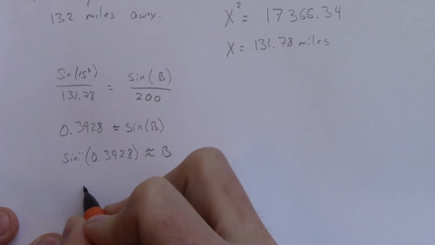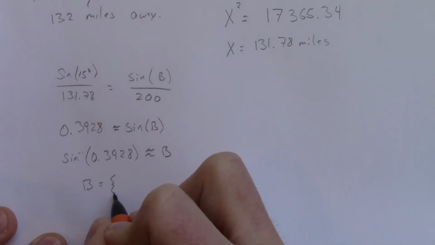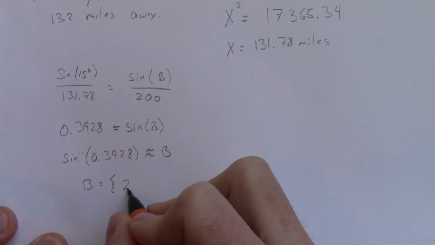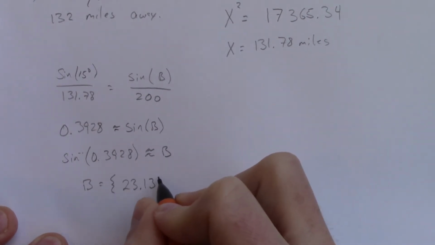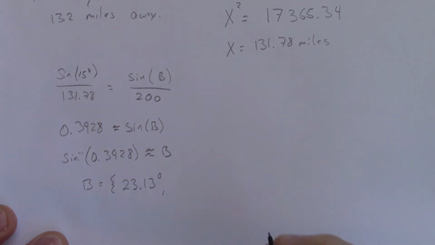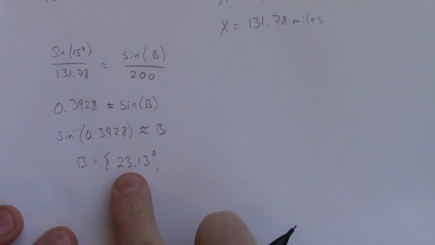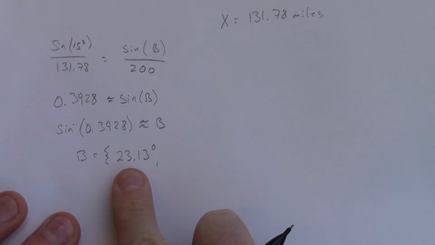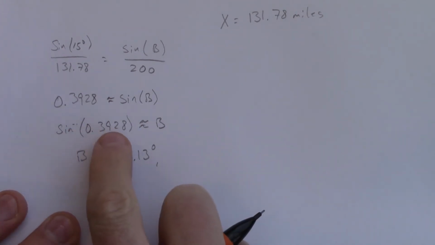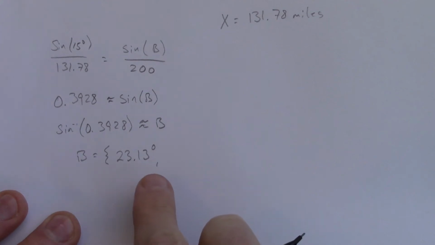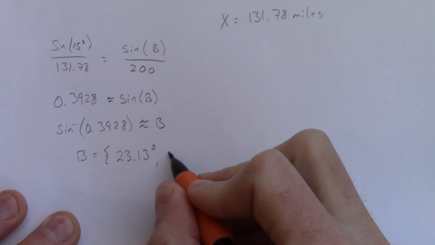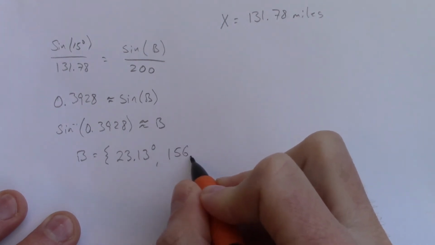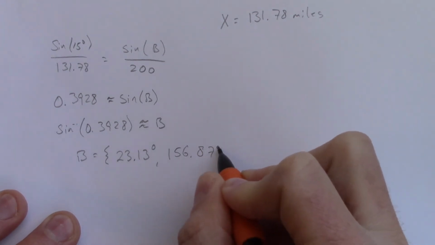The problem is, when I get that answer from the calculator, I get 23.13 degrees, right? And then I have to remember, and again, this goes back to a previous concept, sine inverse only gives you angles up to 90 degrees, so it's never going to give you an obtuse one. So how do you find the other one? You do 180 degrees minus that, which would give you 156.87 degrees, right?